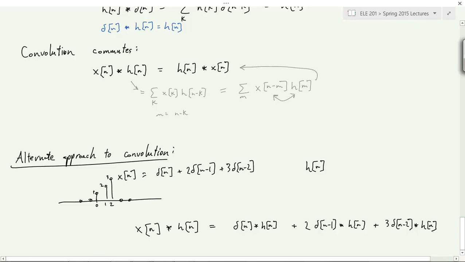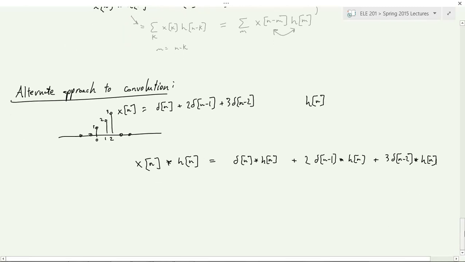The first one we already know. We know that this equals just h of n, that first term. But how do we do these convolutions, a shifted delta with an h? That actually is a property that if I had more time, we'd derive.